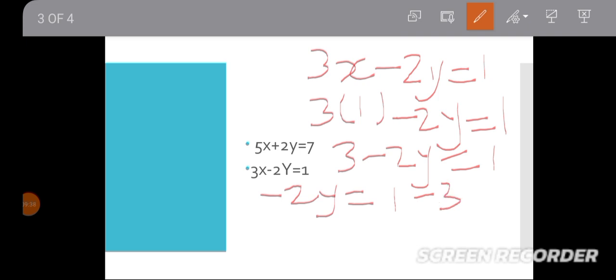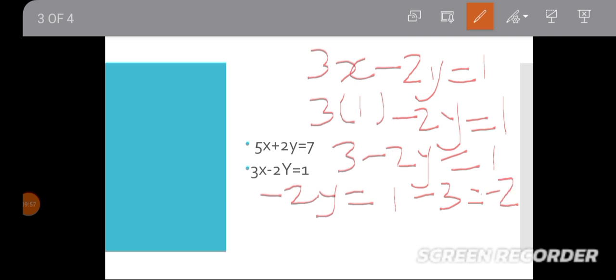So 1 minus 3, so this is a positive 1 and this is a negative 3. So the answer will be negative, and this will equal a negative 2, right? So here is a negative 2.